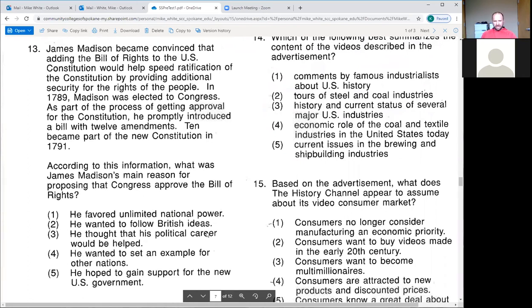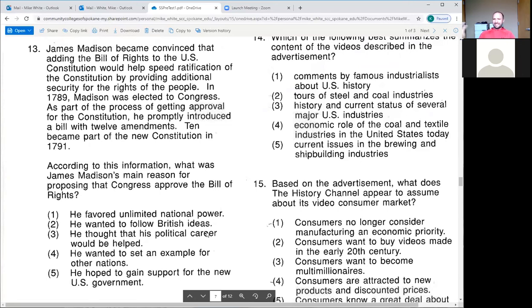But for people who either can't read it or are just listening, I'll go ahead and read the question here. Number 13 says, James Madison became convinced that adding the Bill of Rights to the U.S. Constitution would help speed ratification of the Constitution by providing additional security for the rights of the people. Ratification means approval, right?